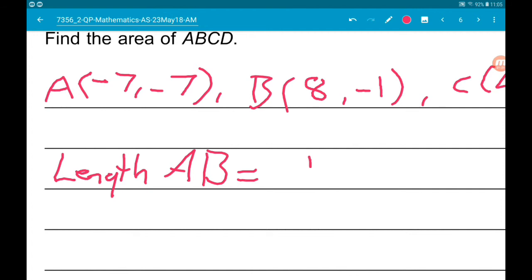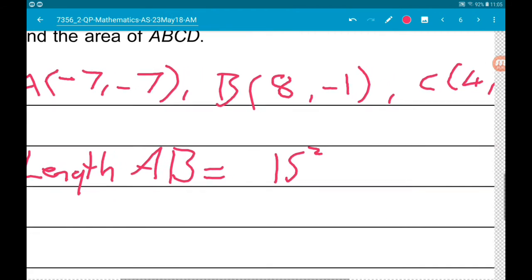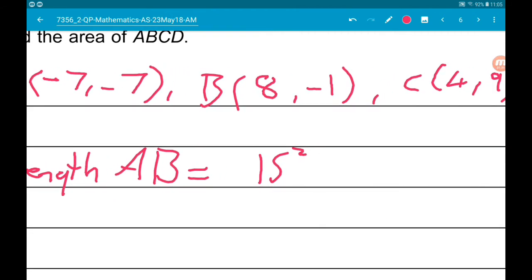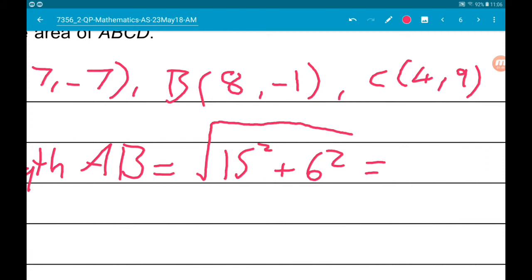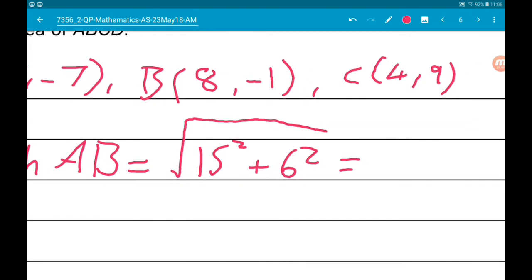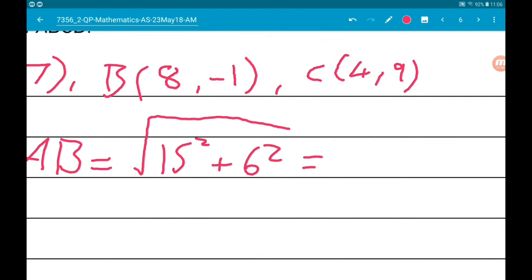So we get 15 squared, and the length between the y coordinates is 6. So we're doing 15 squared add 6 squared, square rooted, and that's going to give us root 261.